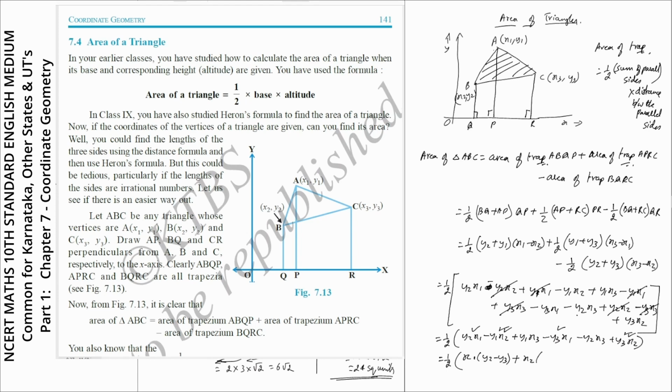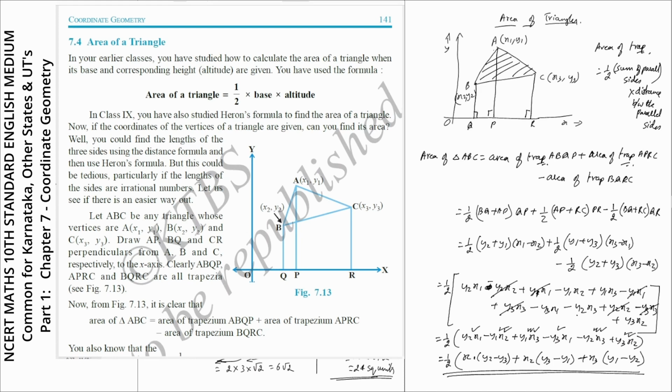If I take x2 common, I'll get (y3 minus y1). Now the remaining is this and this. So in this one I can take x3 common. If I take x3 common, I'll get (y1 minus y2). So this is the area of the triangle.